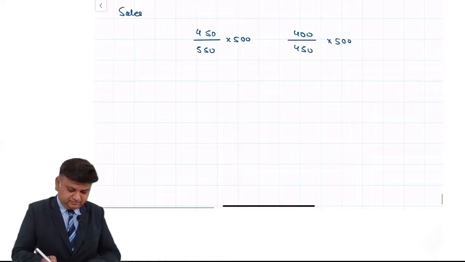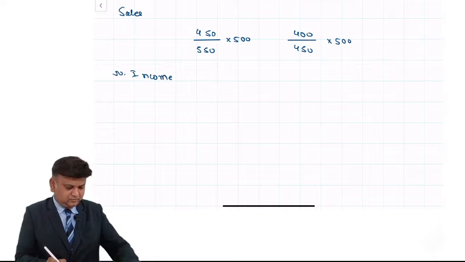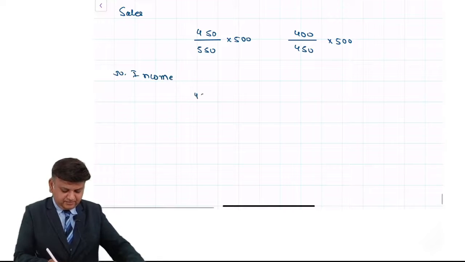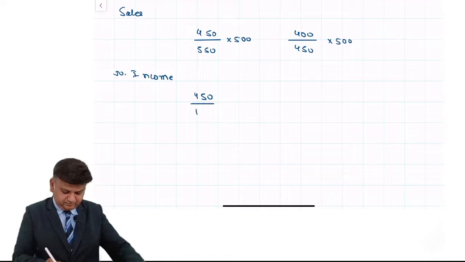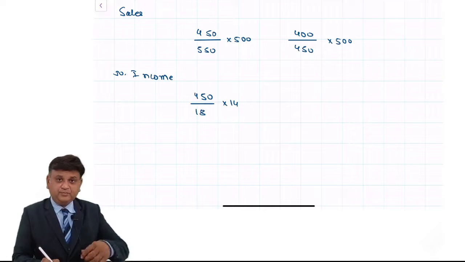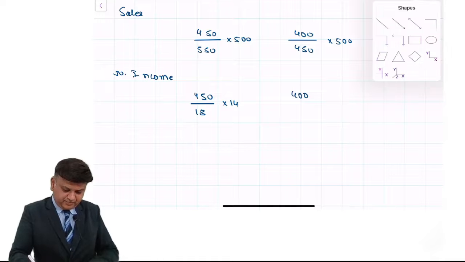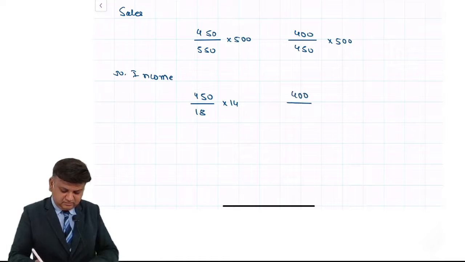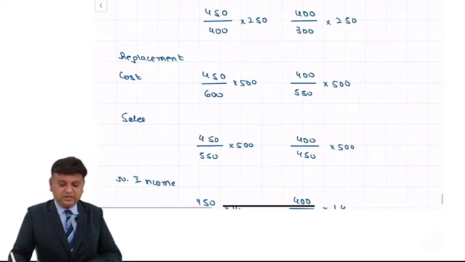Next, net income. In that it is 450 upon 18 multiplied with 14. For AS Limited it is 400 upon 16 into 14. That is the way we are supposed to do the calculation.